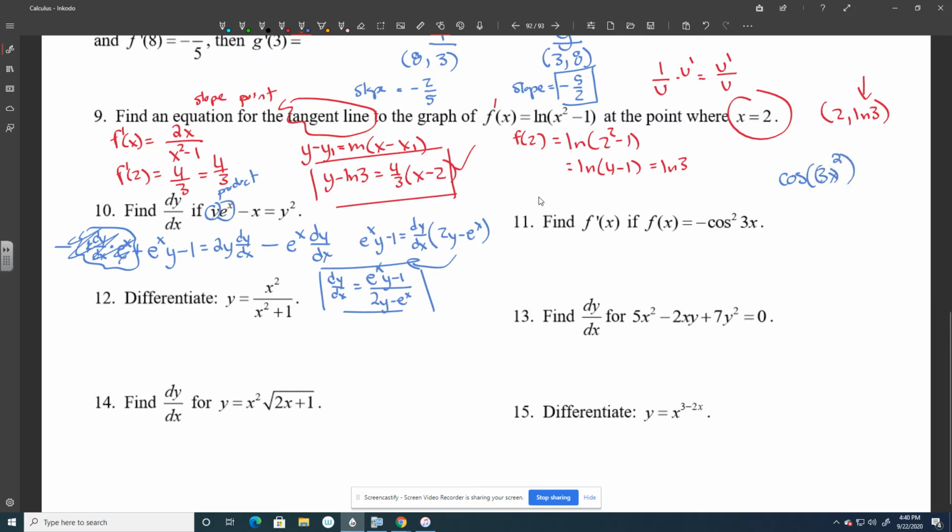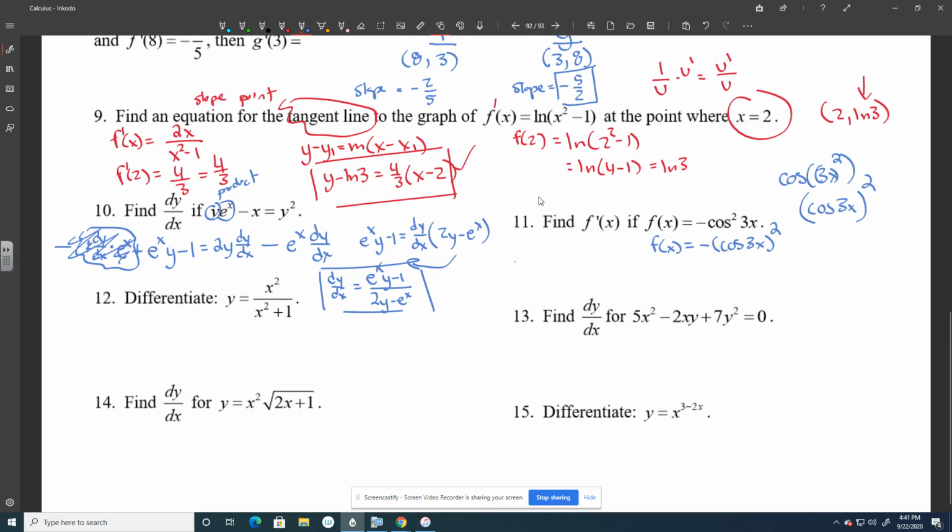This is like saying you take the cosine of 3x and then you square it. That's what that 2 being right there means. So I can rewrite this, f of x equals the negative cosine of 3x, squared up there, because I have to use the power rule and the chain rule. Actually, I'm going to use the chain rule inside the chain rule twice.